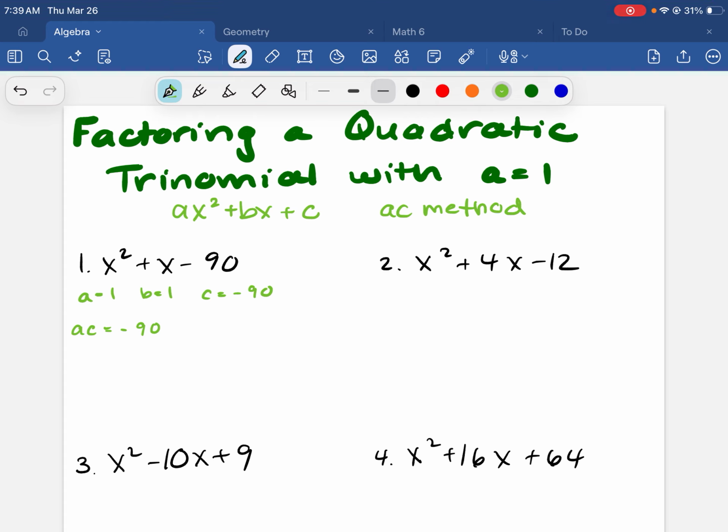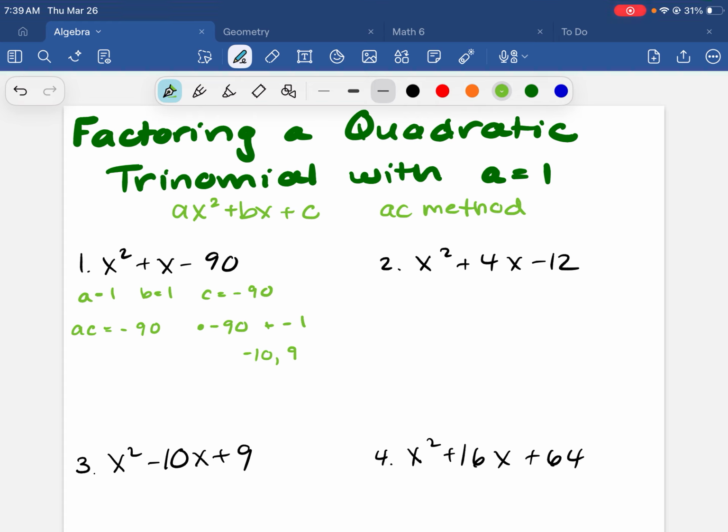So to factor by the AC method, we want to think about which two numbers multiply to negative 90 and add to 1. Well, that is negative 10 and 9.